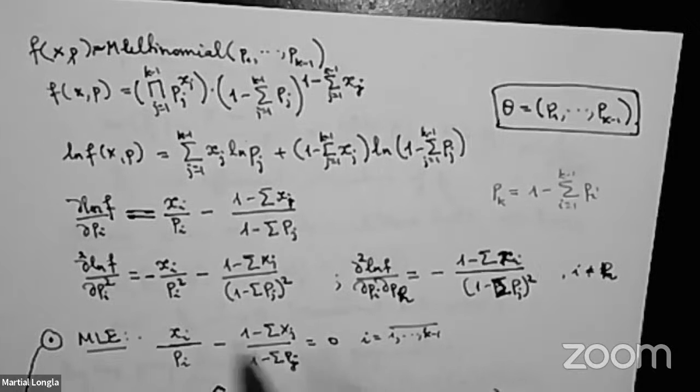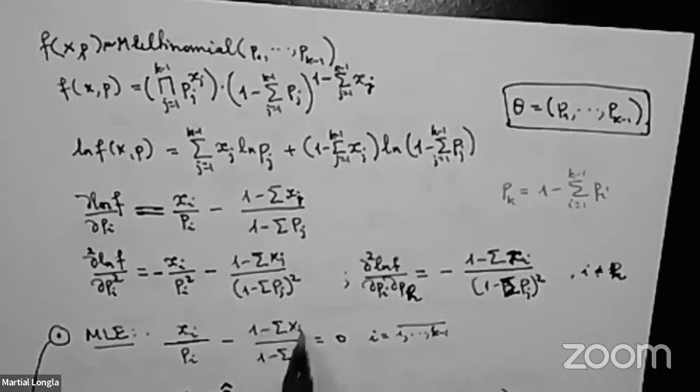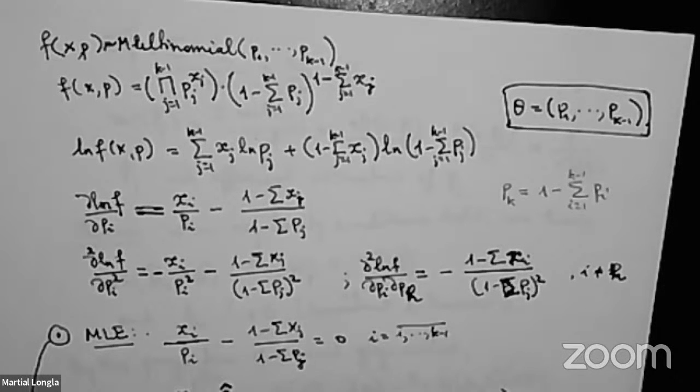So when you solve this, you would see that the estimate of each of the pi's is xi. Why? Because if you put in xi for each of the pi's inside there, you will see that this cancels. You get 1 minus 1 equals 0. So that's one solution.